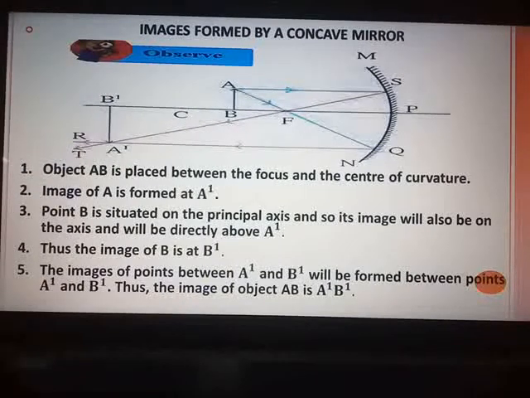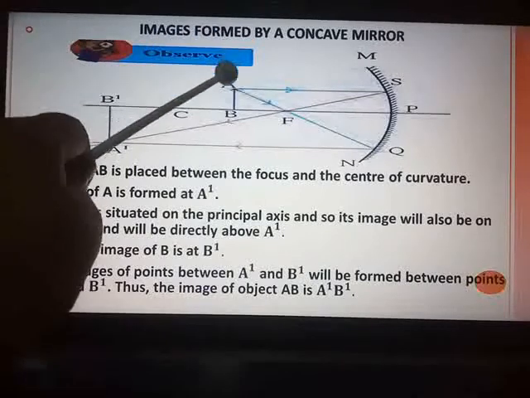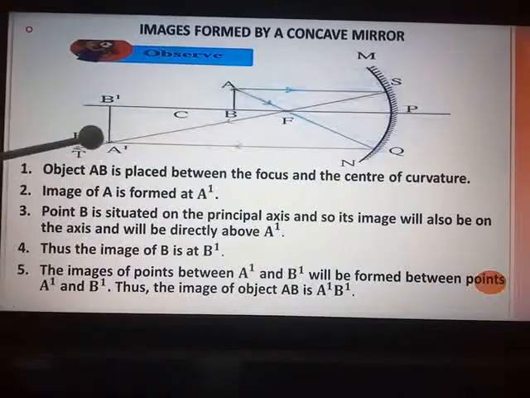The image of the points between A and B will be formed between points A1 and B1, and hence the image of the object AB is A1B1.